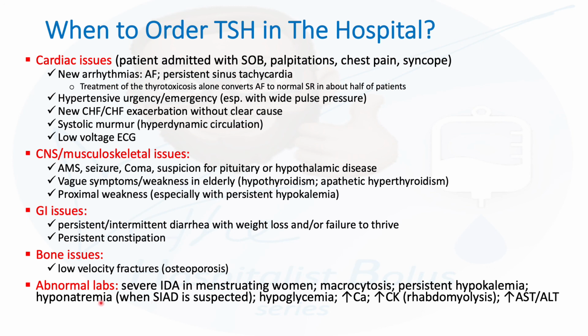But most of the time, like we talked about in the video, it's actually associated with severe hypothyroidism to give you genuine hyponatremia in most cases. Hypoglycemia sometimes can be associated with hyperthyroidism, hypercalcemia as well. Rhabdomyolysis can also be associated with thyroid dysfunction, and also mild increase in AST and ALT, but this usually happens with moderate or severe thyroid dysfunction.